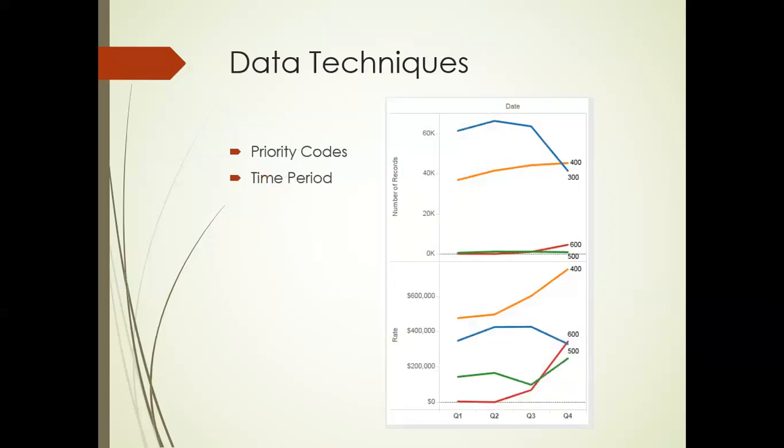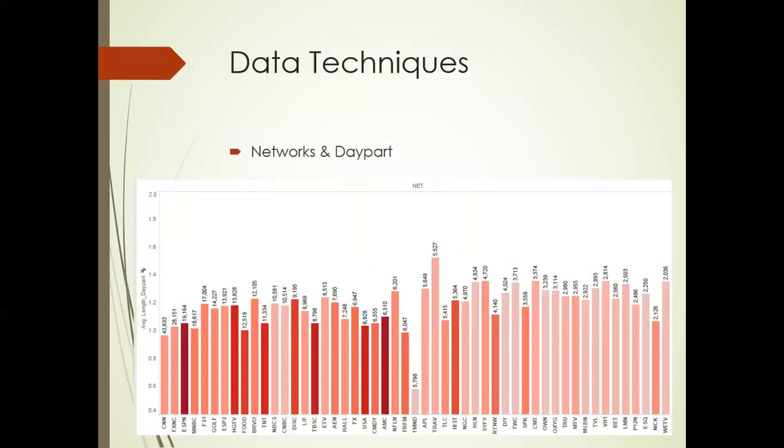For this example, time periods across Q1, Q2, Q3, Q4, and across our priority codes, what is the number of orders actually going in, and what is the revenue attached to those orders. We can see how different priority codes have different revenue values assigned to them, even though there may be more or fewer records assigned to them. Another look at the data that I was doing is our networks and our day parts.